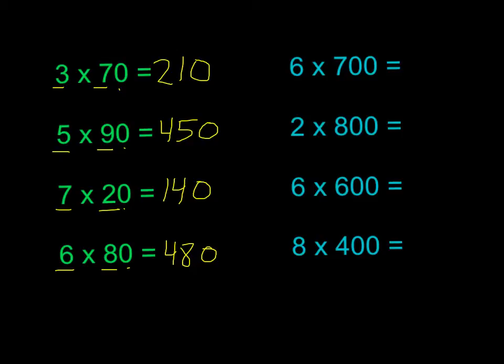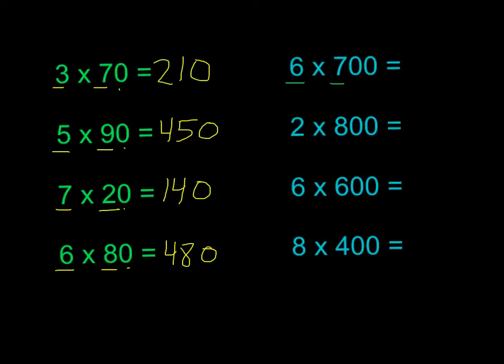Now, in order for us to be able to do this multiplication, we need to know our multiplication facts. So it's very important for right now and through the rest of this year that we keep practicing our multiplication facts so that we have them all memorized. Now we go over and look at our second column. Our first digit is a 6, and then we have a 7 in the hundreds place.